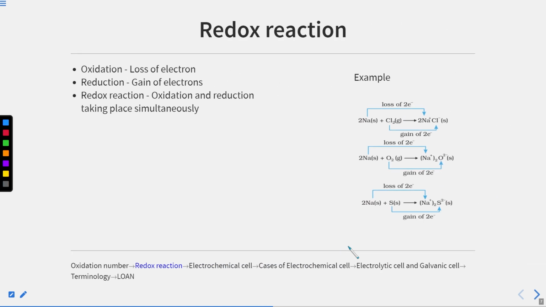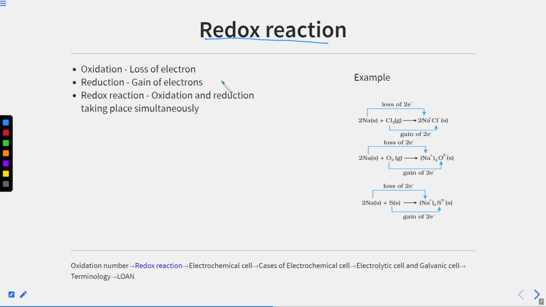So what is a redox reaction? If I tell it simply in terms of reduction and oxidation, if in a reaction both reduction and oxidation are taking place simultaneously, then we say that we are having a redox reaction.